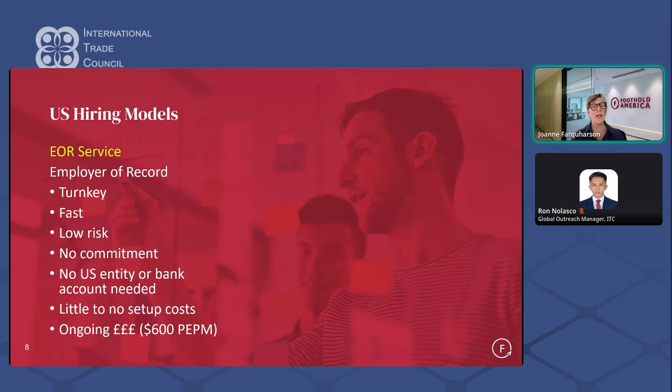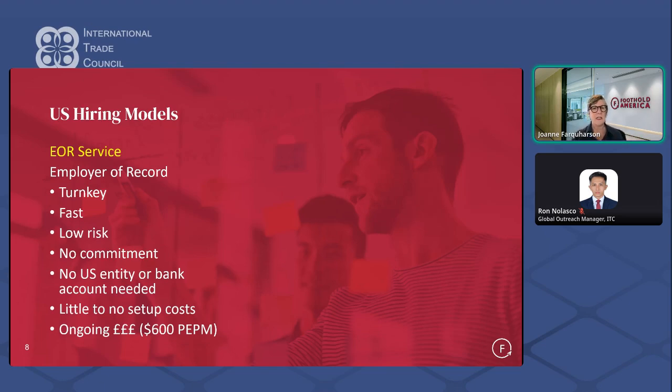What is lovely about an employer of record service is it's turnkey. You don't have to have a U.S. entity. You don't have to have a U.S. bank account. Essentially, you're working with an organization that is the employer of record. They are the ones that have a US entity, they pay the taxes, they manage the compliance.